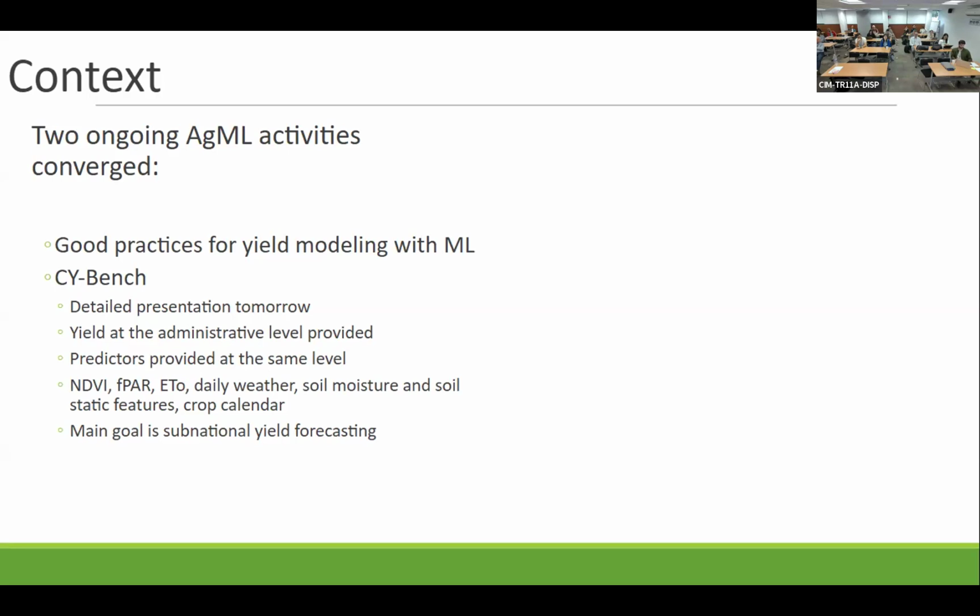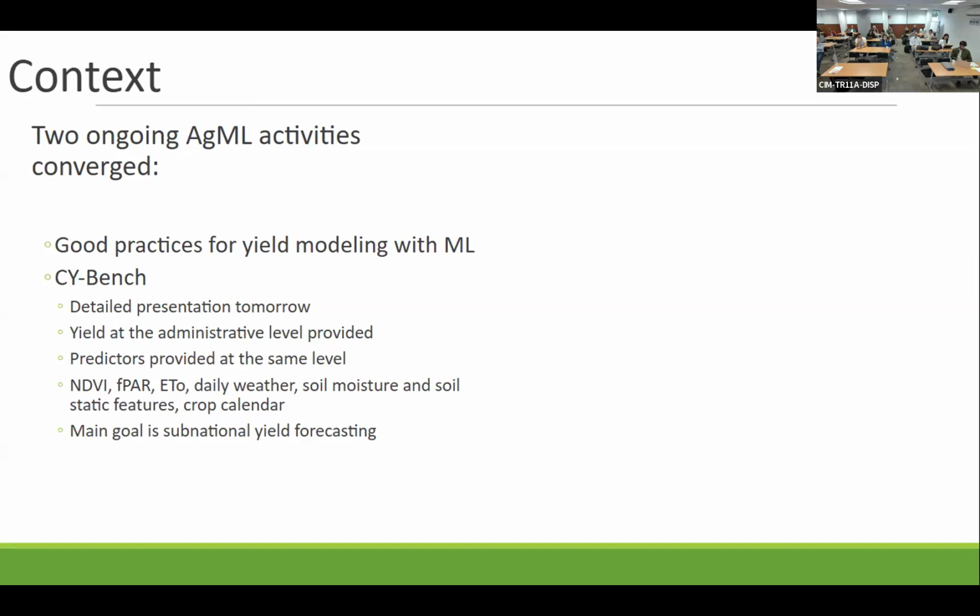And the other activity is called CY Bench. It is a benchmark data set for crop yield estimates that was organized by Dilly Paldell in our group. There will be a detailed presentation tomorrow by Pratista. Basically, it has yield for several countries over the world, provided at the administrative level that the official statistics are presented.